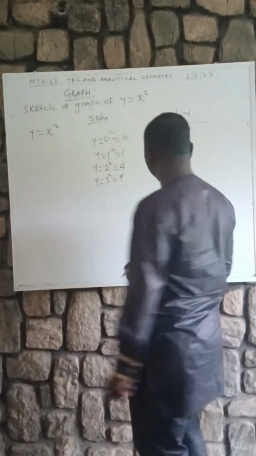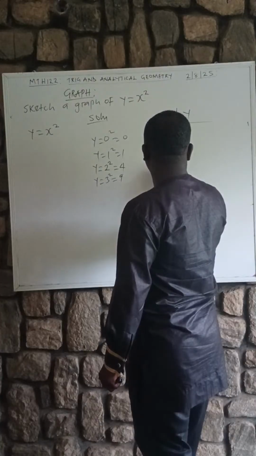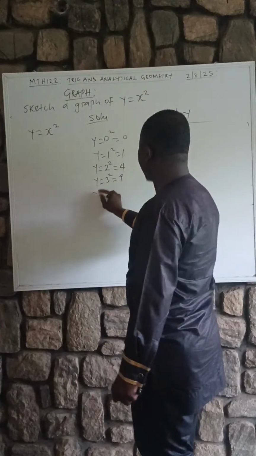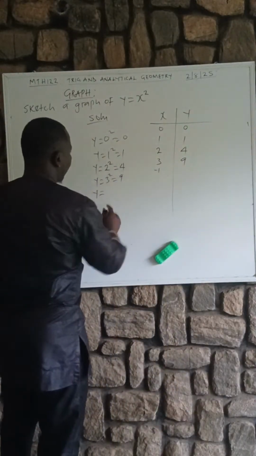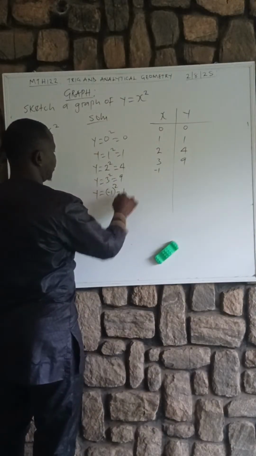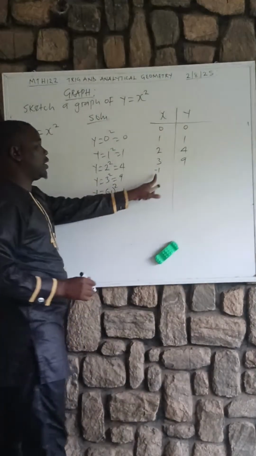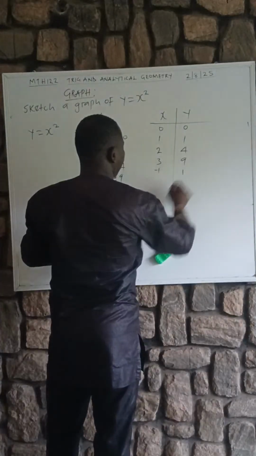Then if x is minus 1, y can never be negative. Why? Because of the square here. So this is plus 1. You can now see that as x is decreasing, y is increasing.